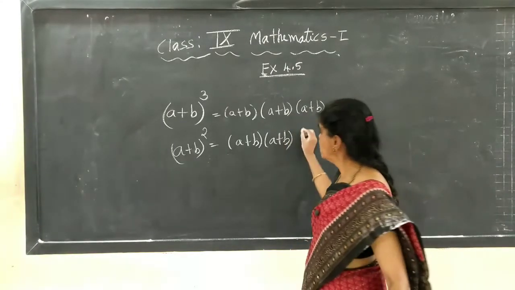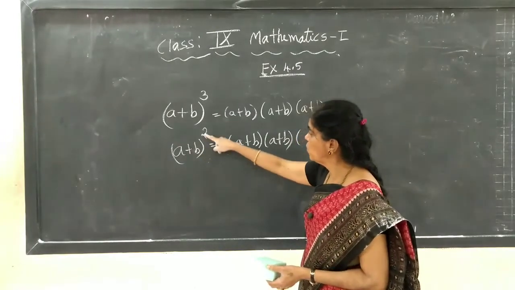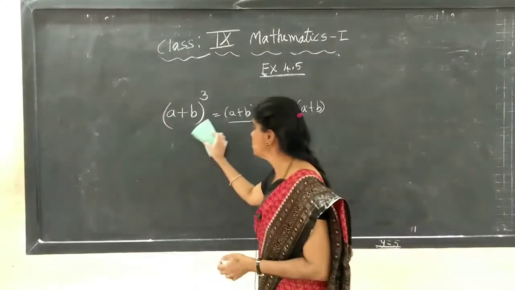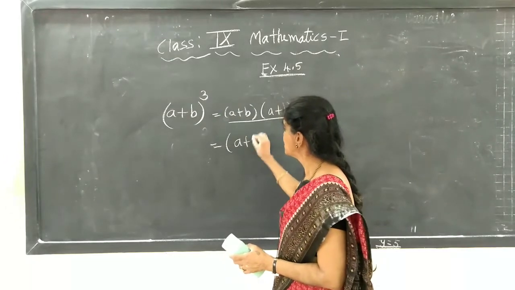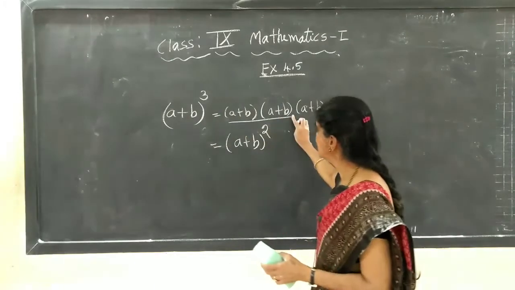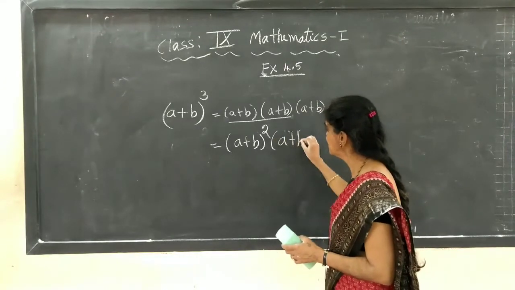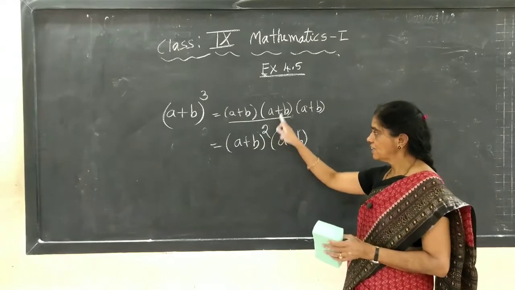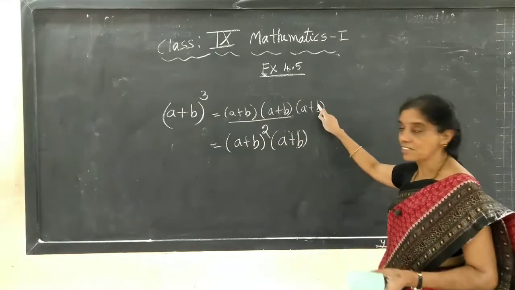Now we know that a plus b whole square, 2 times you have to multiply. So this will be changed into a plus b whole square, multiplied by a plus b, right? When you multiply 2 times and again a third time, a plus b into a plus b is a plus b whole square into this number.